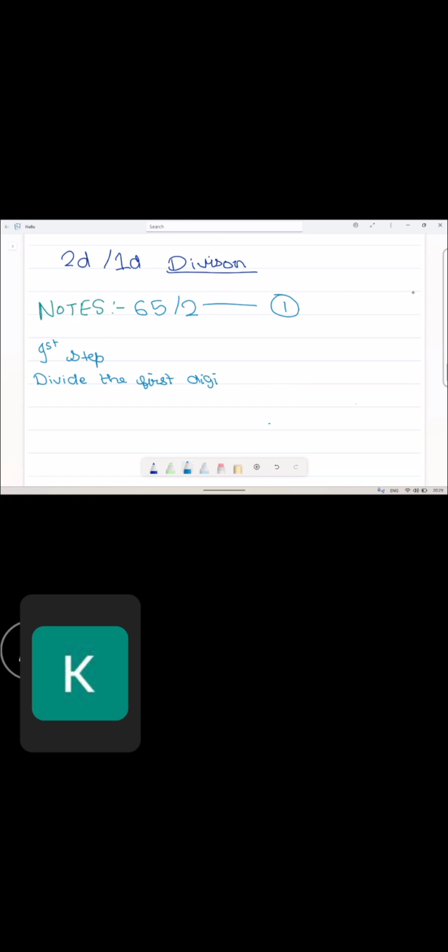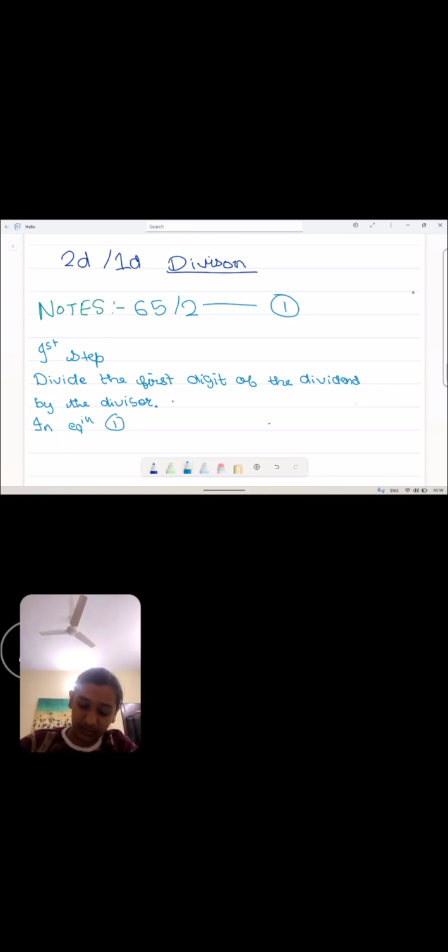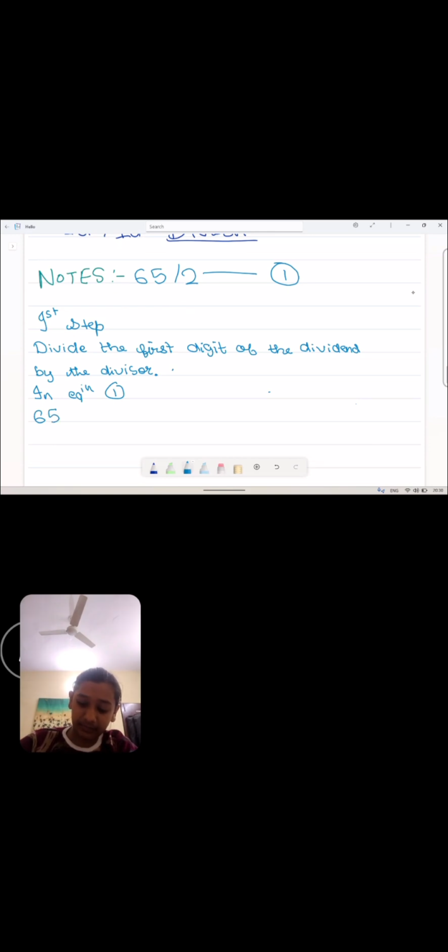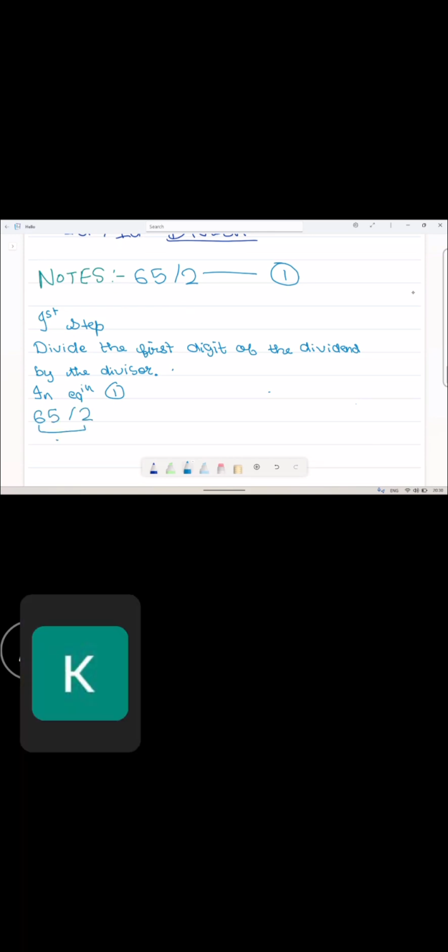Divide the first digit of the dividend by the divisor.